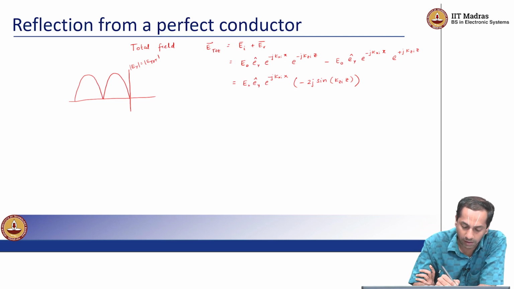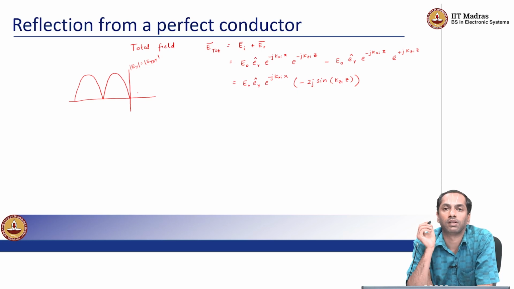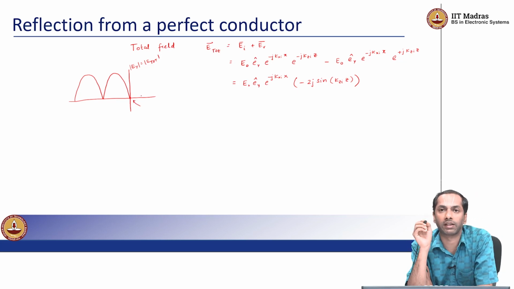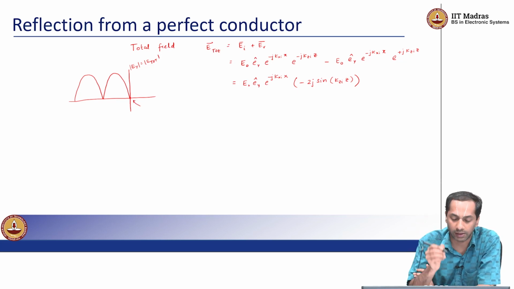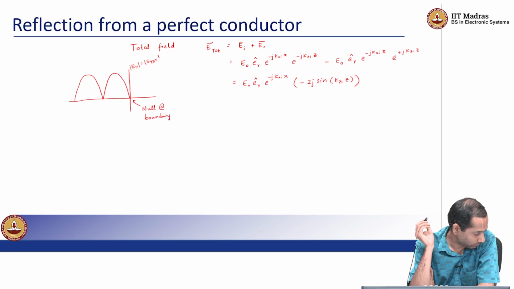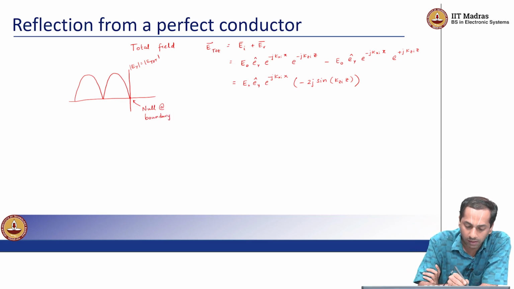Okay, but the difference between the case of total internal reflection with pure dielectrics and the case of a perfect conductor is the boundary itself is one of the nulls, right. The peak value that it reaches is 2 E naught.